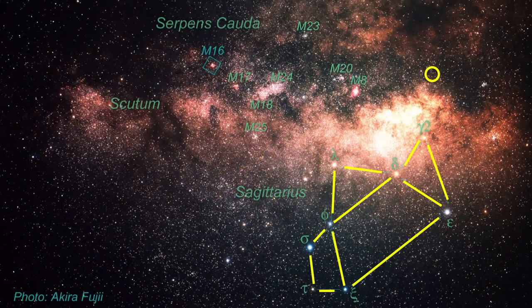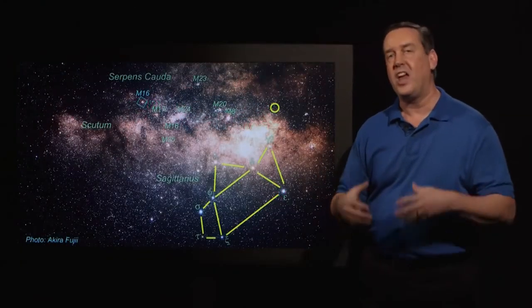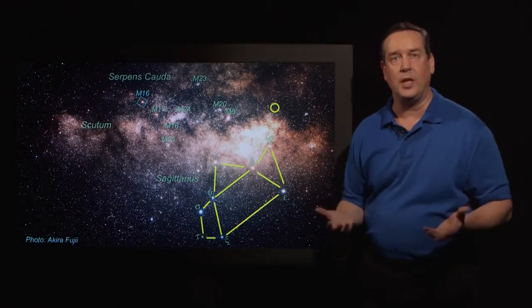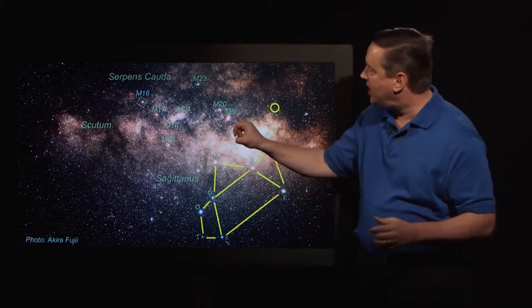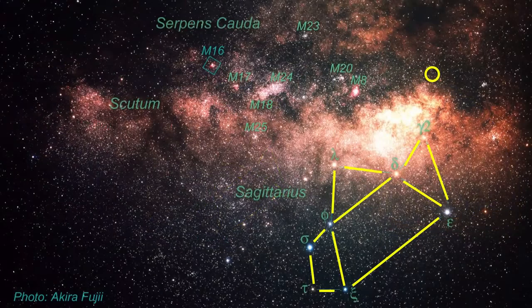So when we view the constellation of Sagittarius, we're looking toward the center of our galaxy, and we have a very rich field. There are a lot of star clusters and nebulae. The ones denoted here with these M numbers are Messier objects. These Messier objects are generally the star clusters and the nebulae, or sometimes they're both.